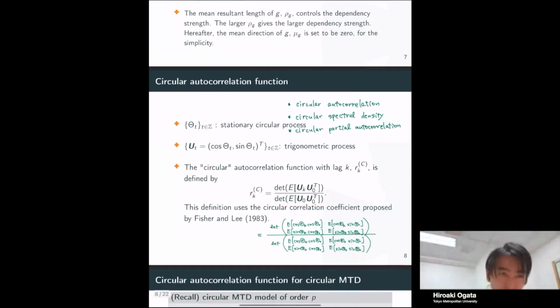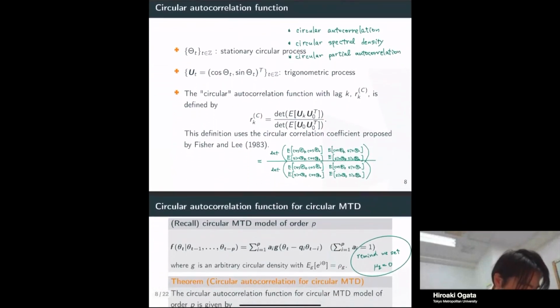In fact, many circular correlations have been proposed so far, but in this talk we use Fisher and Lee's circular correlation to define the circular autocorrelation. And this definition is this.